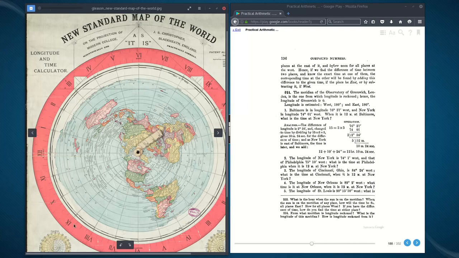That's why they have all this time on the outside and the degrees marked with the 15 degree intervals at the equator. But what that means is that it would be impossible for this map to work as a time calculator if the land masses did not match the coordinates and the degrees of the 360 degree circle.